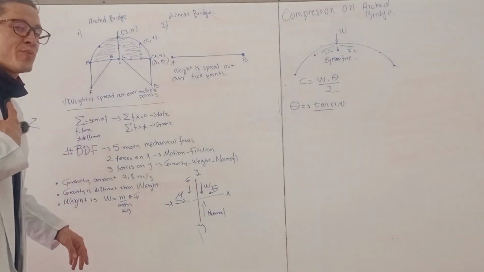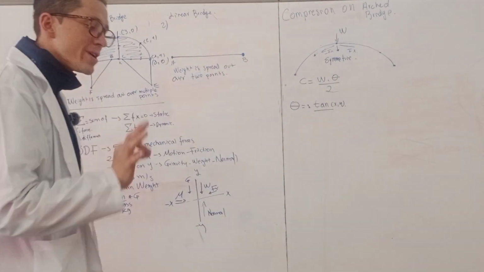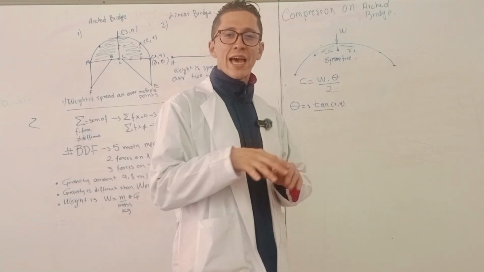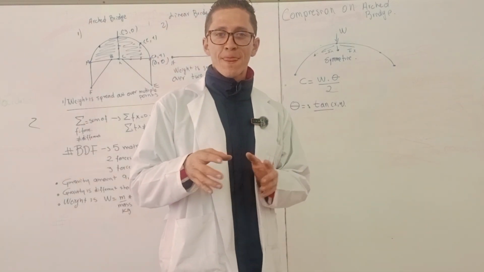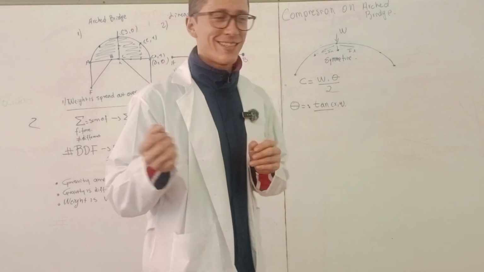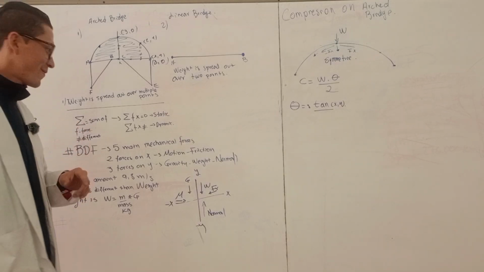From my experience, I've realized that almost every student around the world is confusing the concepts of weight and gravity. Gravity is the mother, and mass is mom's weight. Gravity is mom's weight.